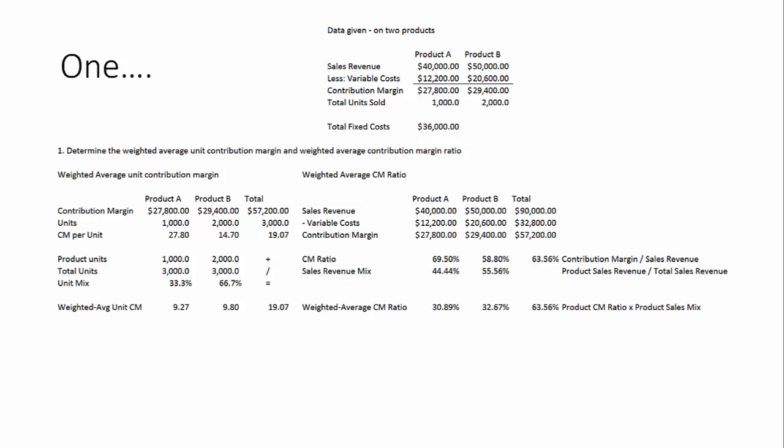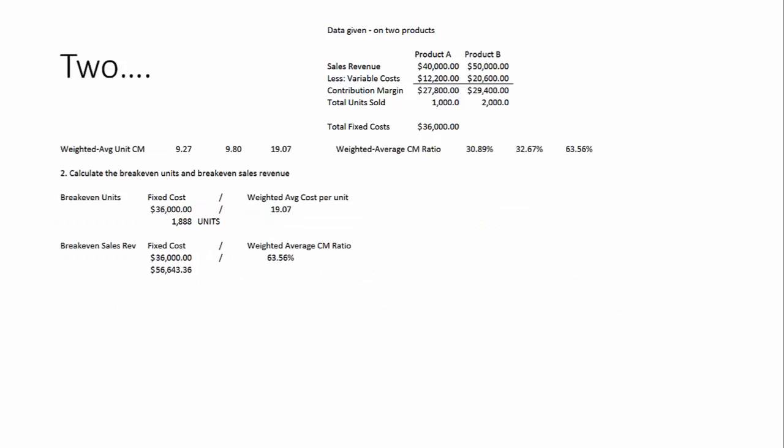So if we take 69.5 times 44.4, we get 30.89%. If you do the same calculation for product B, you get 32.67%. The 30.89% added to the 32.67% gives you also 63.56%.